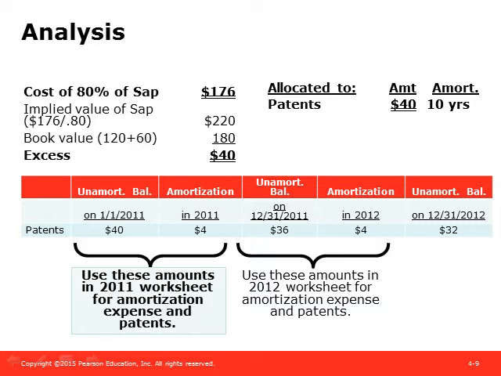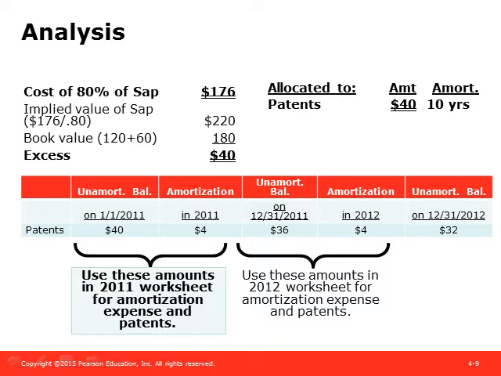We have a book value related to retained earnings and capital stock of 180K. And so if we take the difference between the implied value of 220K and the book value of 180K, we have an excess of 40K, which we are told was allocated to patents amortized over 10 years.